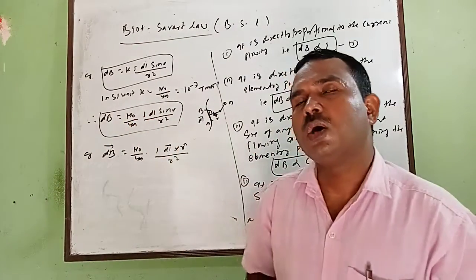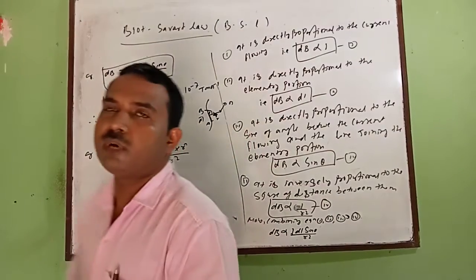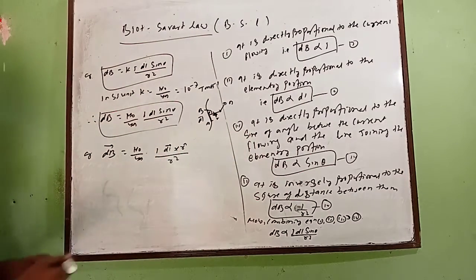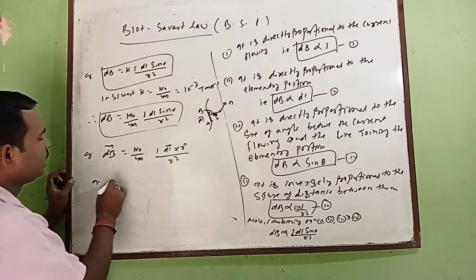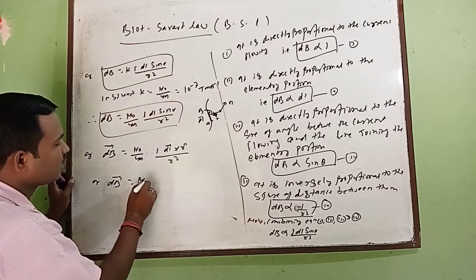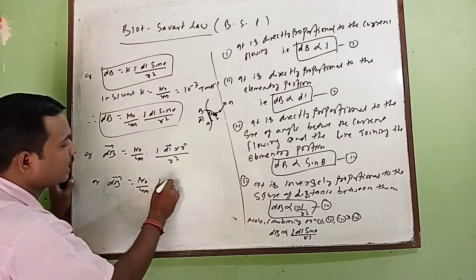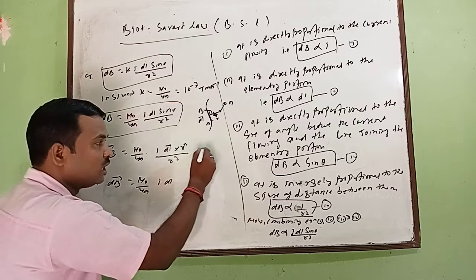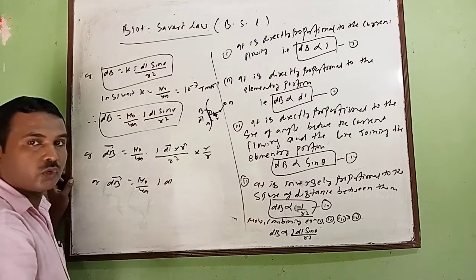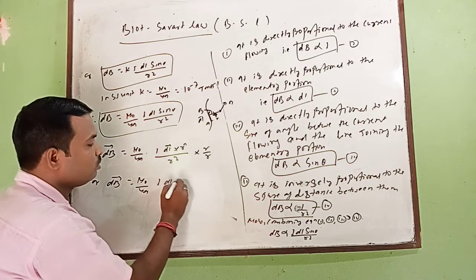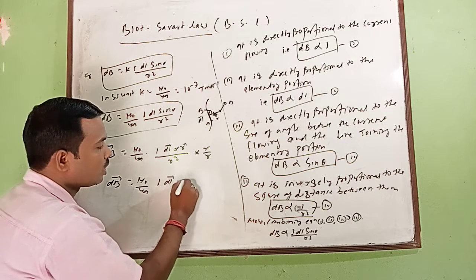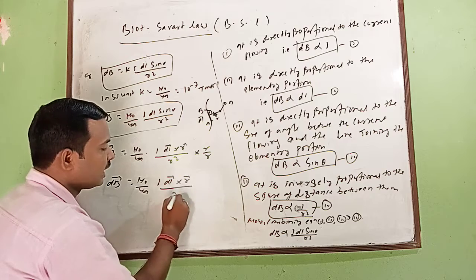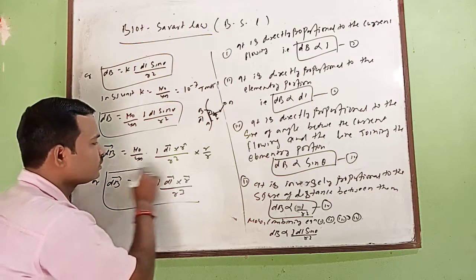Is it clear? Or you can multiply and divide by r. Also you can write dB equal to mu naught by 4 pi I dl, and if you remove this cap of r, you multiply by r and also divide by r, so here it will be dl cross vector r divided by r cube. Can we write this formula also?